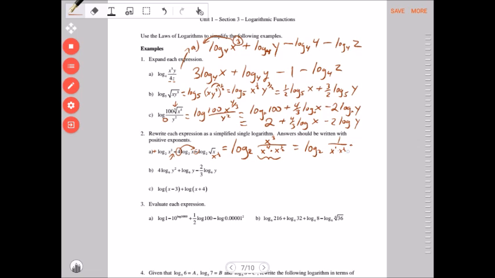So 1 plus 1/2 is just 3/2. So this is going to be log base 2 of 1 over x to the 3/2. Okay, wow, that was intense. Sorry, my 3/2 just got so small there. So 3/2.